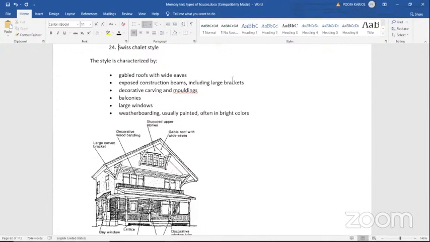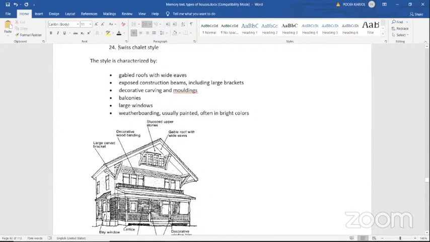Ma'am, the one which holds it. Correct. Yeah, which holds the eave. Decorative carving and moldings.